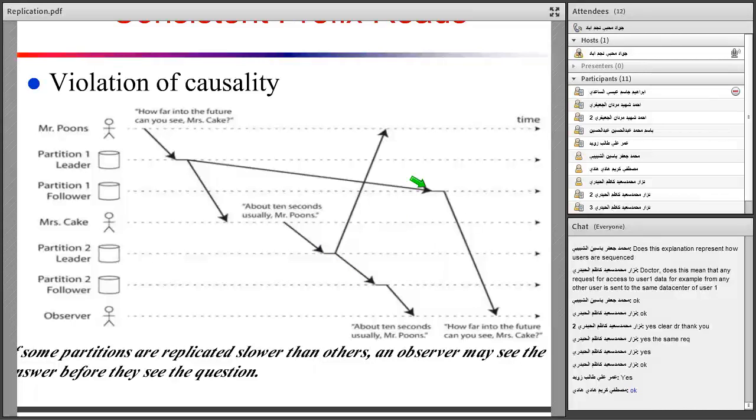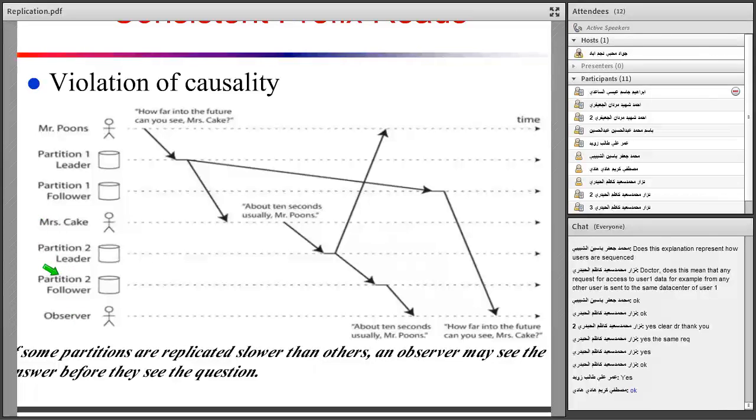And there is an observer in this figure. The observer wants to see all information. So the observer sends a request to get the latest information from both followers.